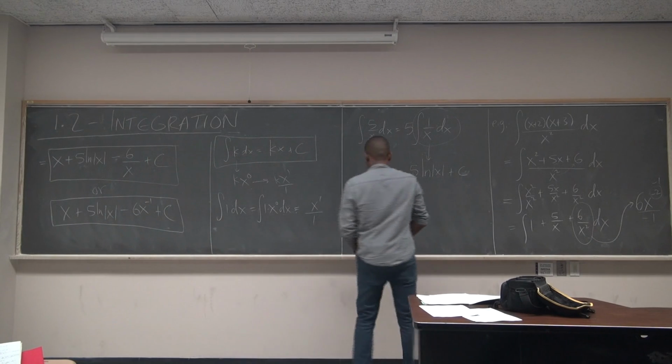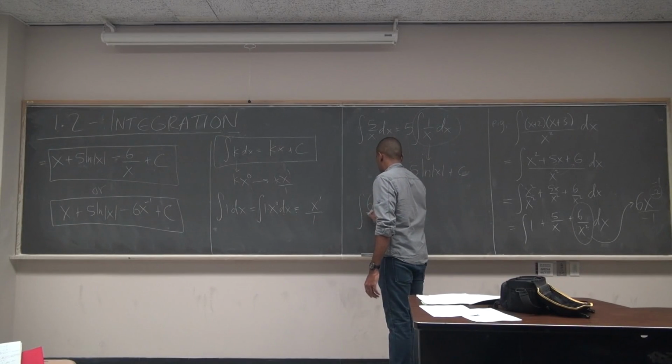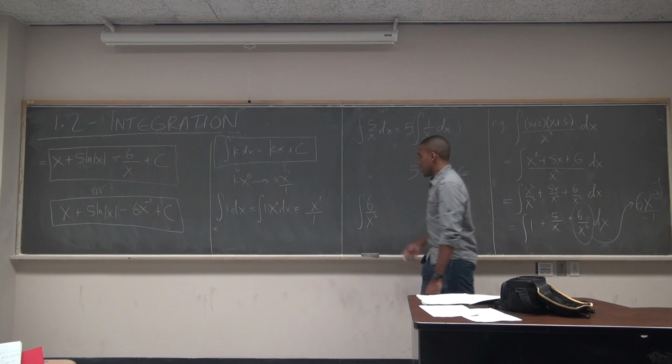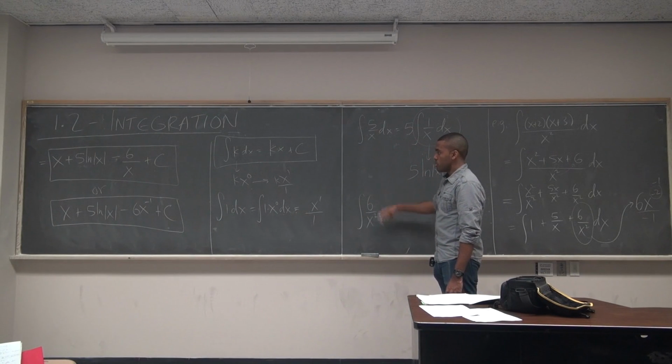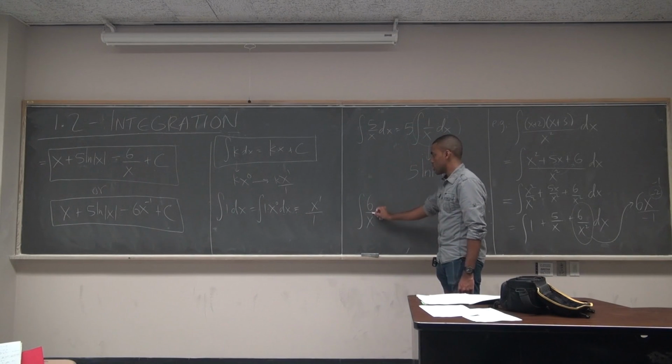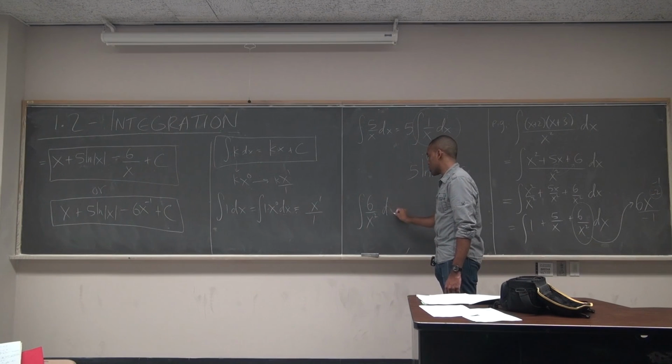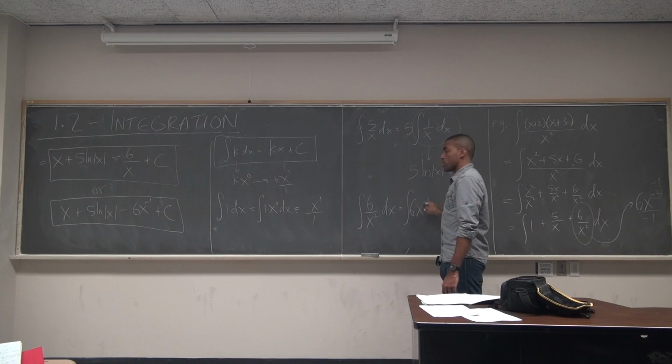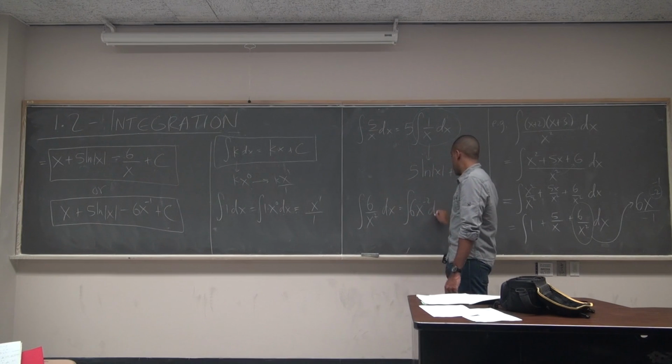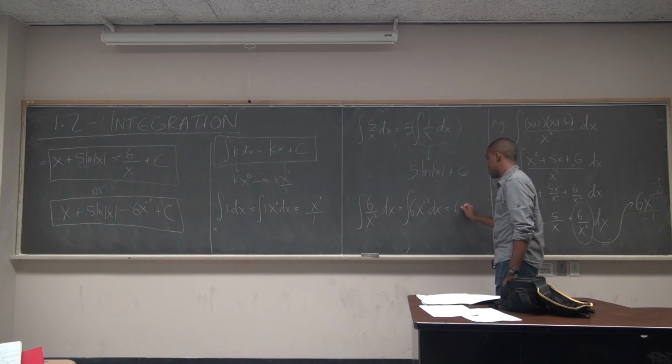Now, when I move on to the 6 over x squared, again, there's no rule, as you can see before, where I had this division with a square in the bottom. So the trick was to rewrite this using algebra. We know 1 over x squared just means a negative power. And then I just applied that same rule that we had.